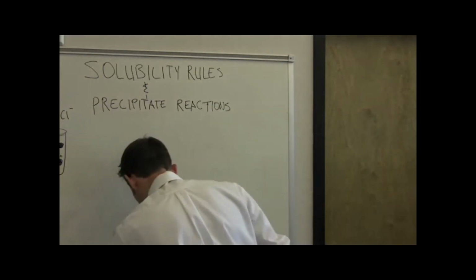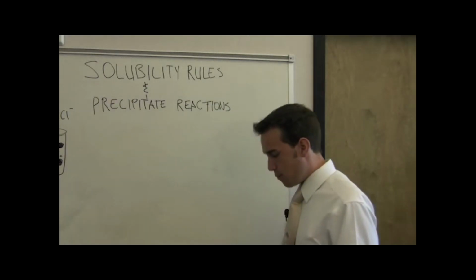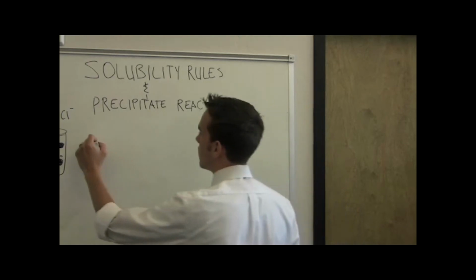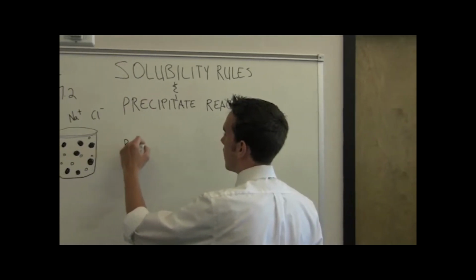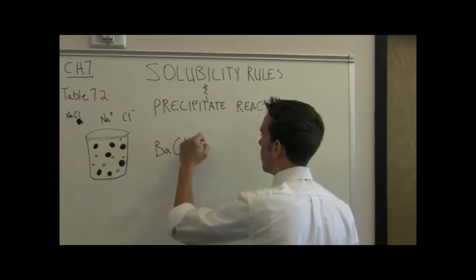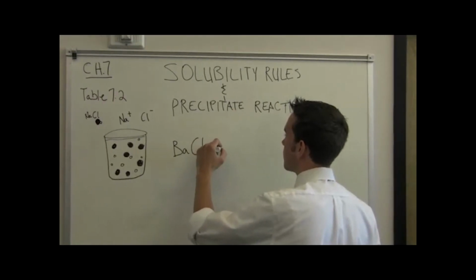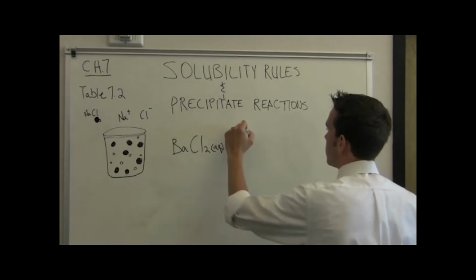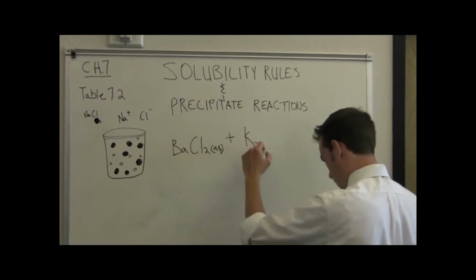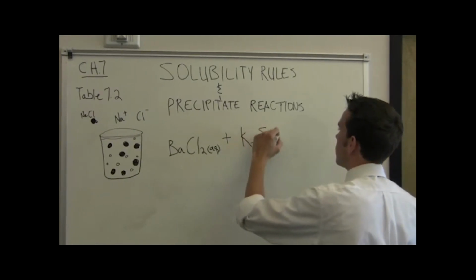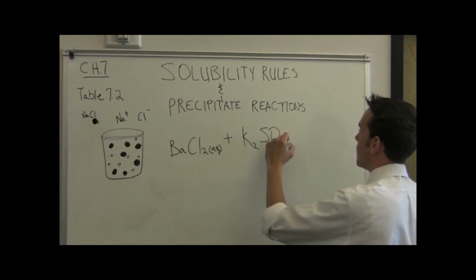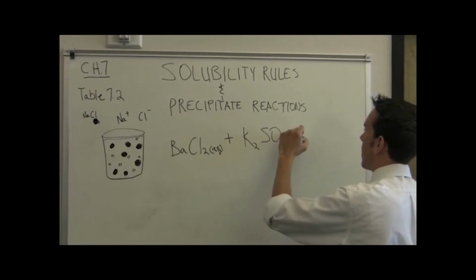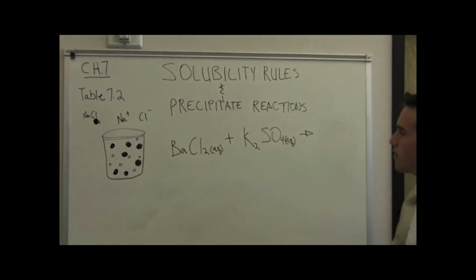So if we were given BaCl2, aqueous as we begin, it's a solution, as well as K2SO4 in solution, we're asked to come up with the products.